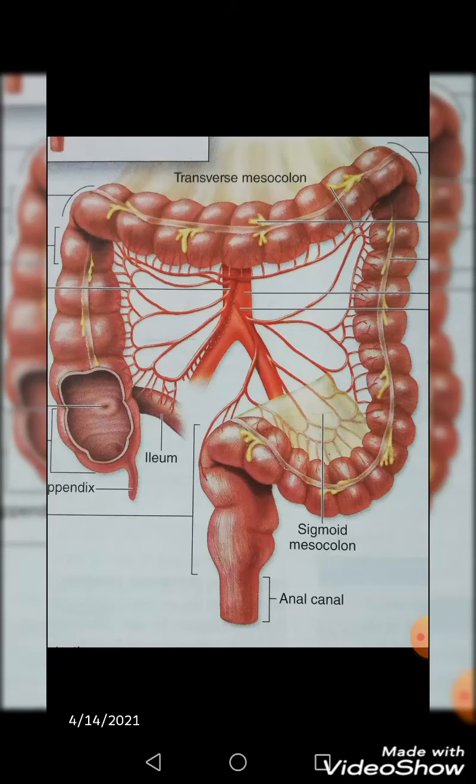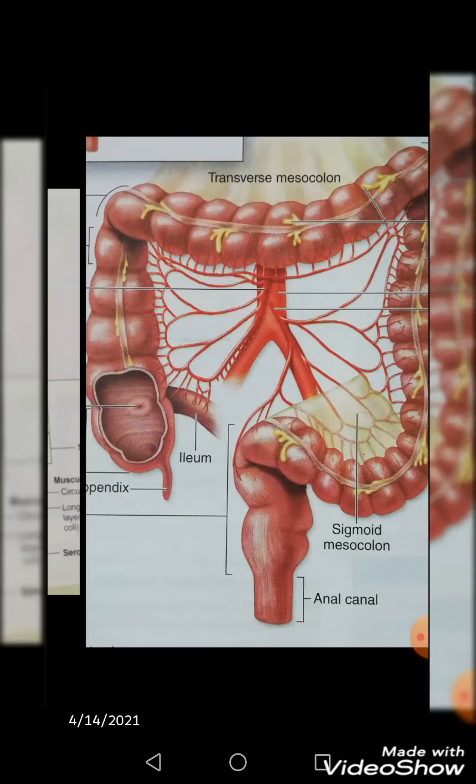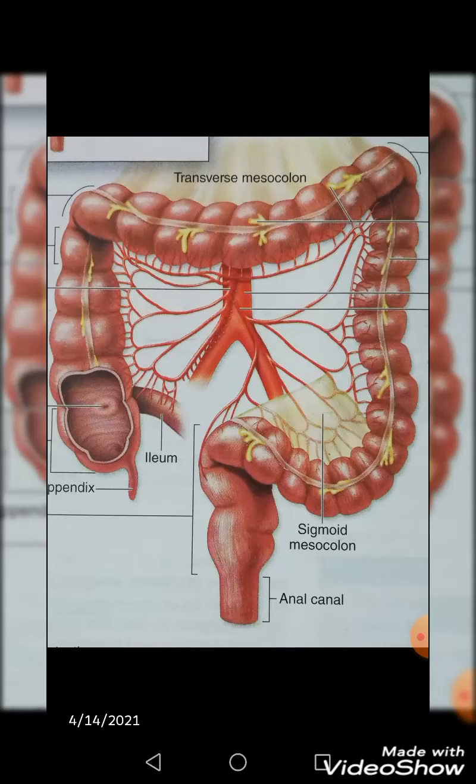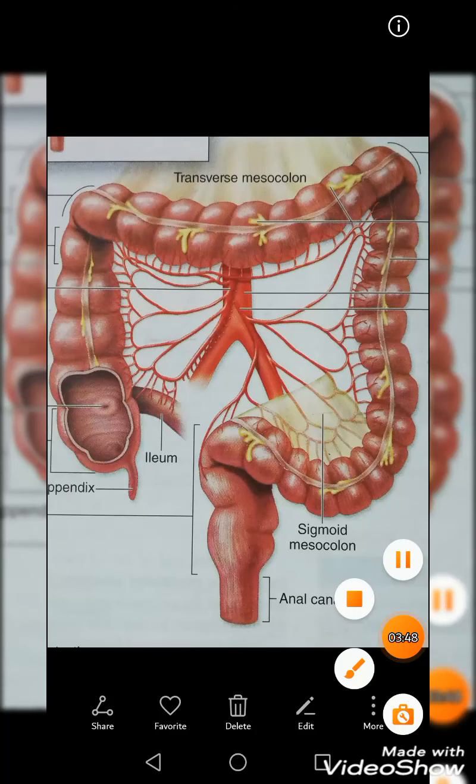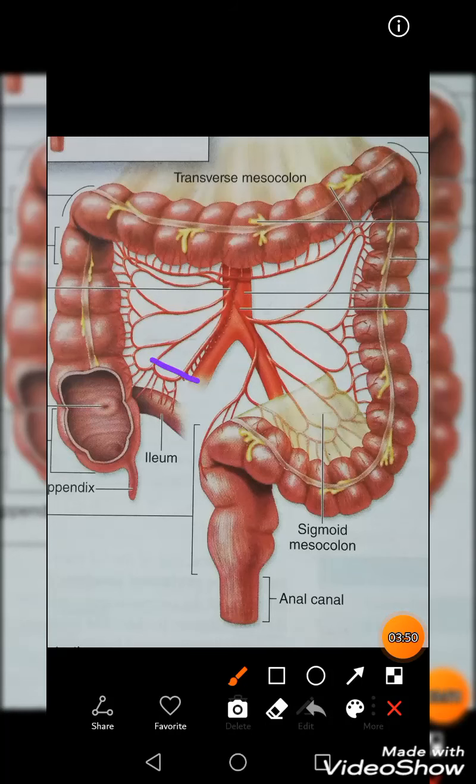Now we have to see something different: the large intestine is a little bit less coiled than the small intestine you studied previously. And it is much wider in its diameter. And what important thing do you find on the colon? Let me show you. There are special strip-like flattened bands called taenia coli.